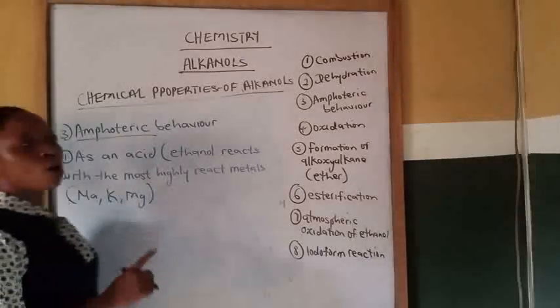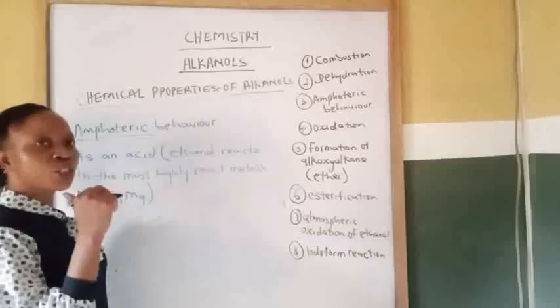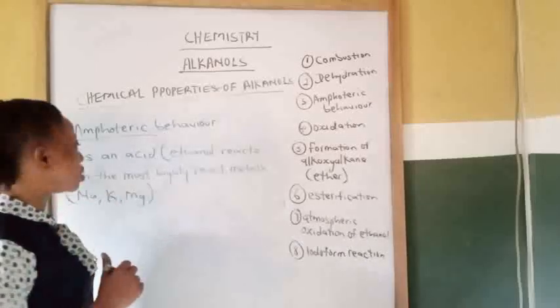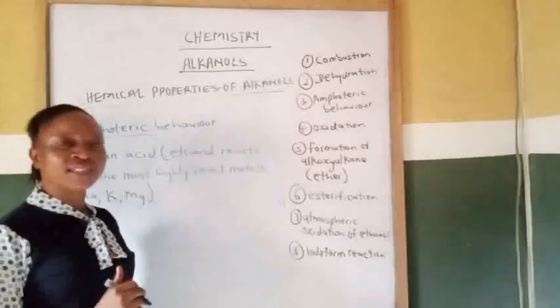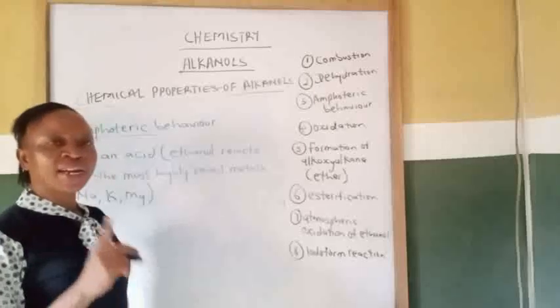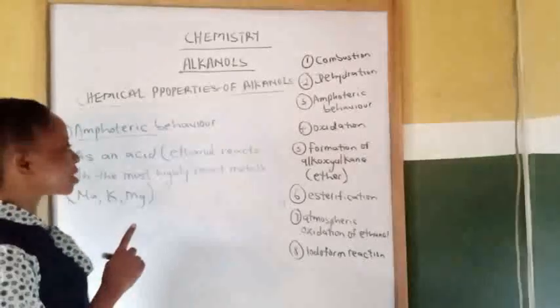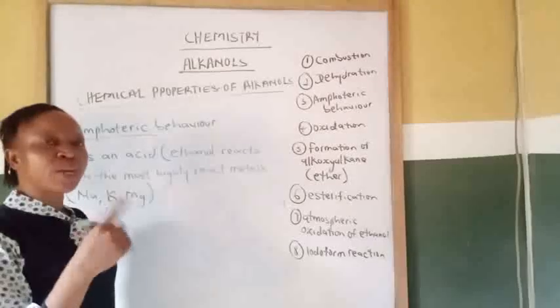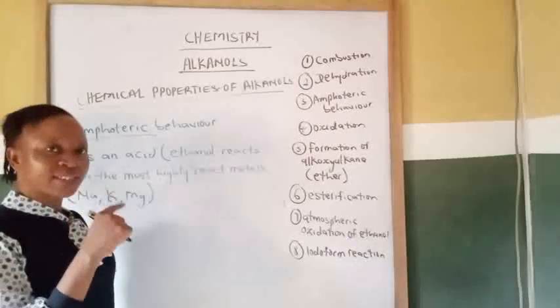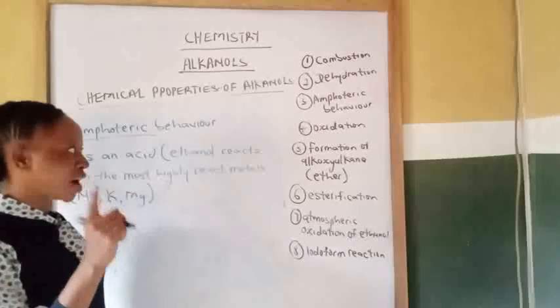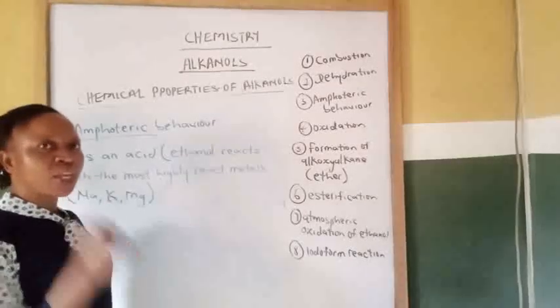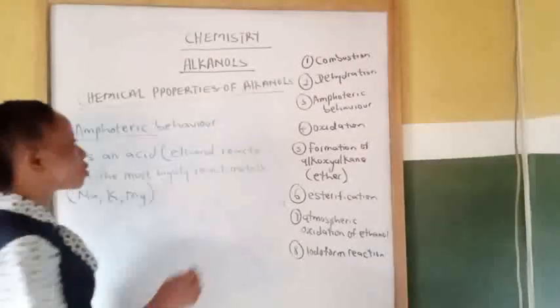Now, let me first take us to a chemical reaction under inorganic chemistry. Chemical reaction between an acid and a metal. When an acid reacts with a metal, the metal will displace hydrogen from the acid and occupy the position of hydrogen. I'm taking us back to inorganic chemistry now.